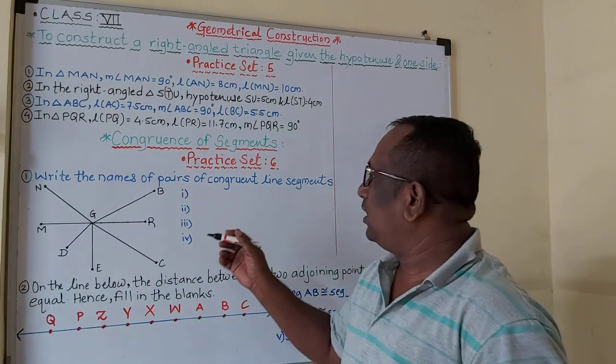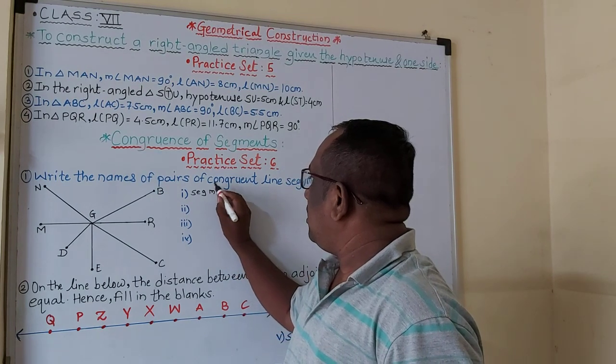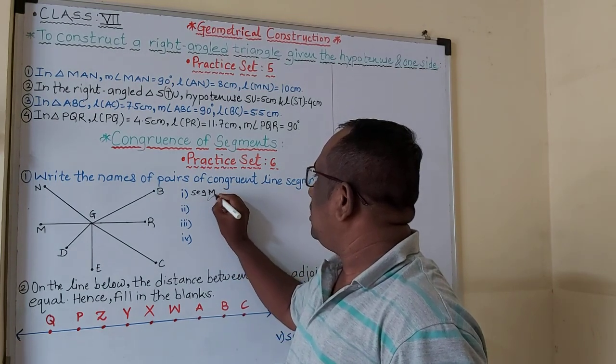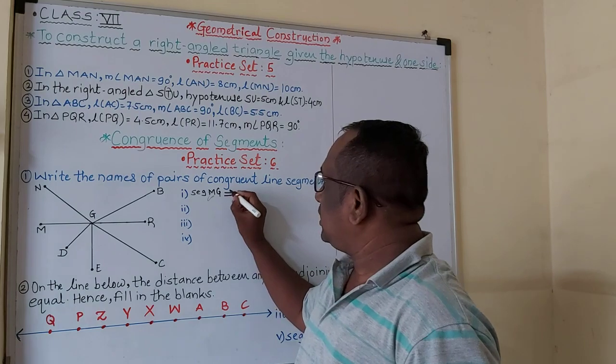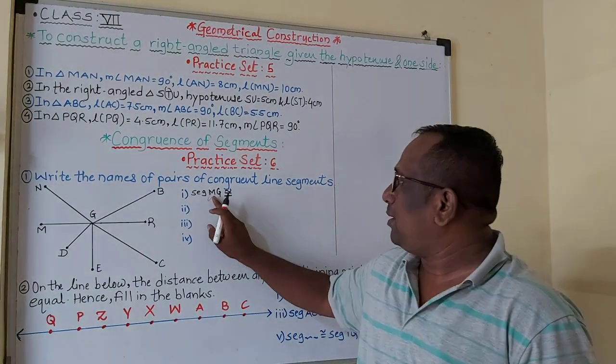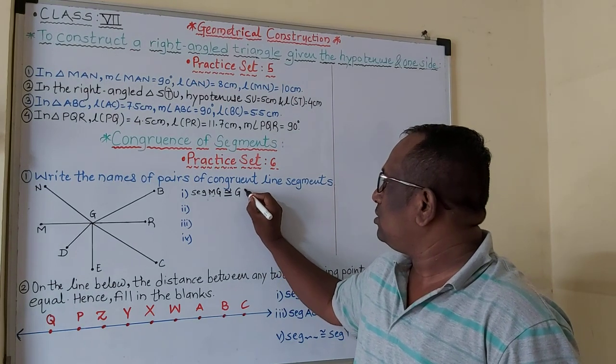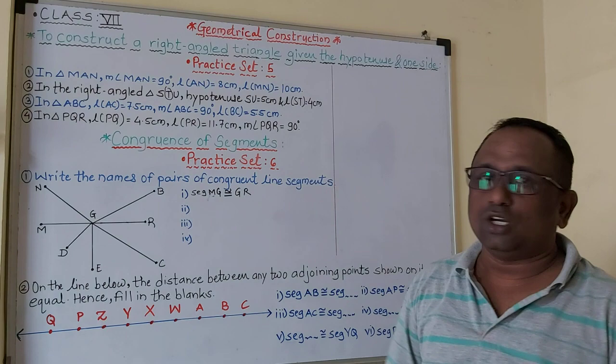So I write first segment MG, this is the symbol of congruent that I mentioned in your notes. Segment MG is congruent to segment GR, or you can write RG also.